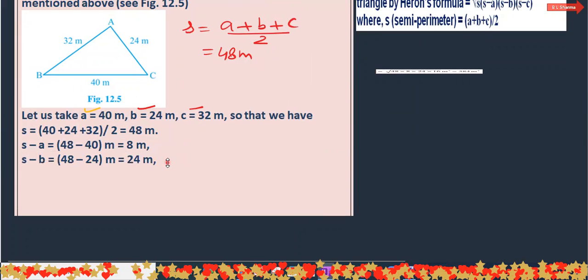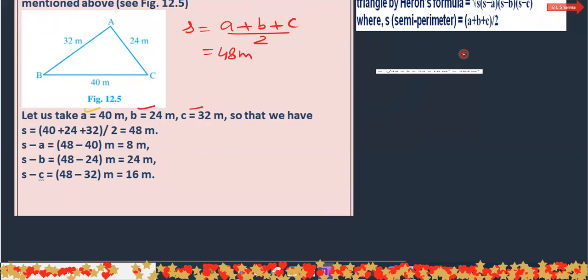Now S minus B, because for Heron's formula we need S minus A, S minus B, and now S minus C. So S minus C is, S is 48 and C is 32, so 48 minus 32.